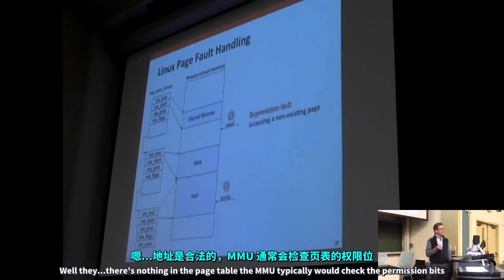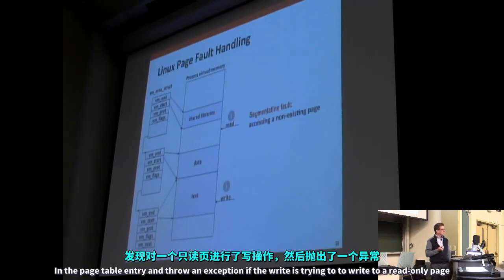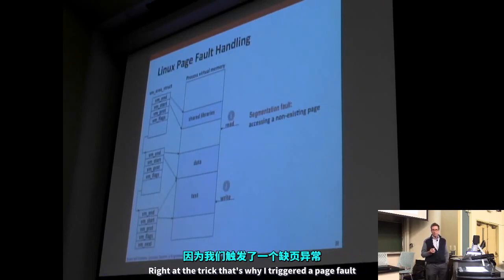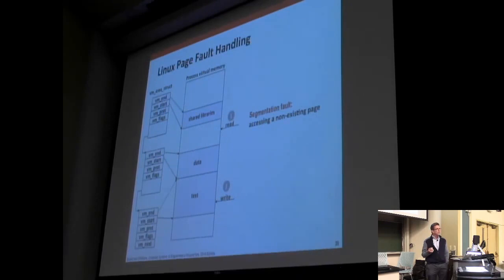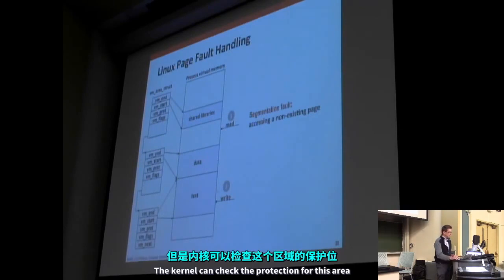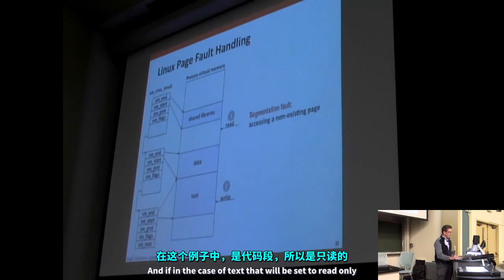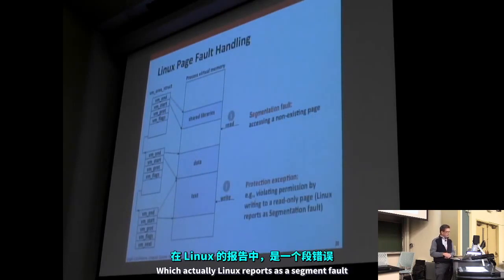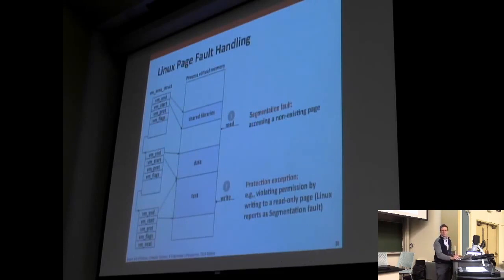The MMU typically would check the permission bits in the page table entry and throw an exception if a write is trying to write to a read-only page. But in this case, there was no page table entry, right? That's why it triggered a page fault. So the MMU doesn't know that this is an illegal write. But the kernel can check the protection for this area, and in the case of text, it'll be set to read-only. So that triggers a protection exception, which Linux reports as a seg fault.